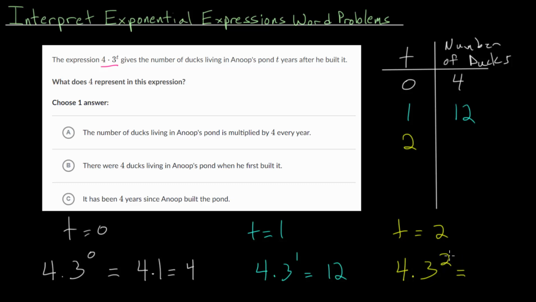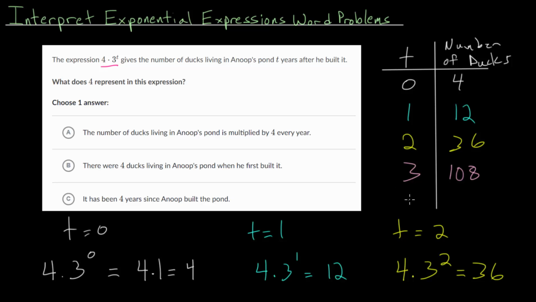And 3 squared, that's 9. 9 times 4 is 36. So after 2 years, they're now up to 36 ducks. And we can continue. If we did t is equal to 3, we'd have 4 times 3 to the third, 4 times 27, which would be 108, and so on.